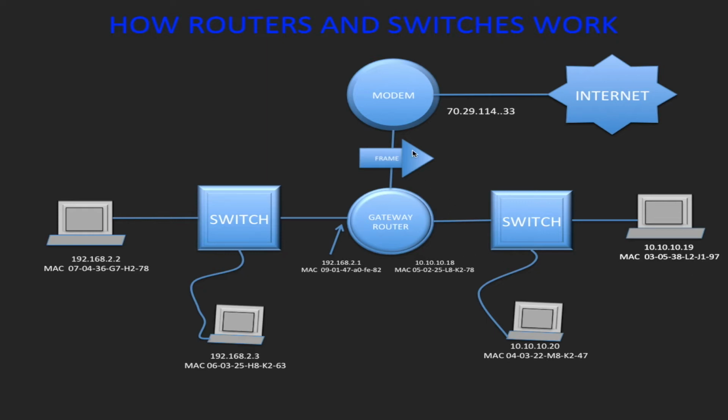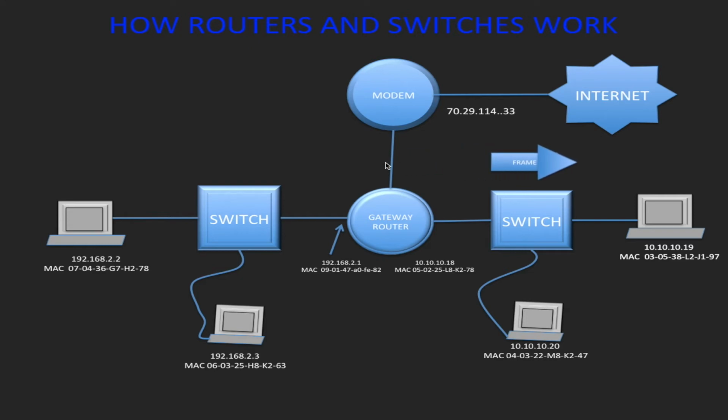So now it has replaced the source and the destination MAC address. It does not change the source IP and the destination IP. That remains the same. So now the router will send this information from the gateway to the switch.